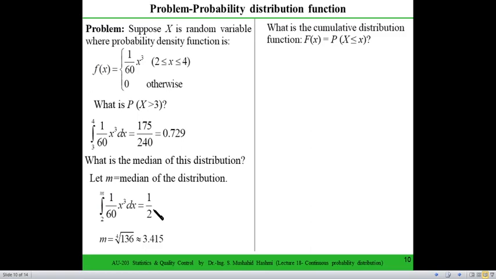Okay, the next question is, what is the cumulative distribution function? As we already know, the cumulative function is always represented with a capital letter, and it would be the probability that your random variable is less than or equal to x, where x is the threshold value. If you recall the cost of books for different books, we had that idea of cumulative frequency distribution.